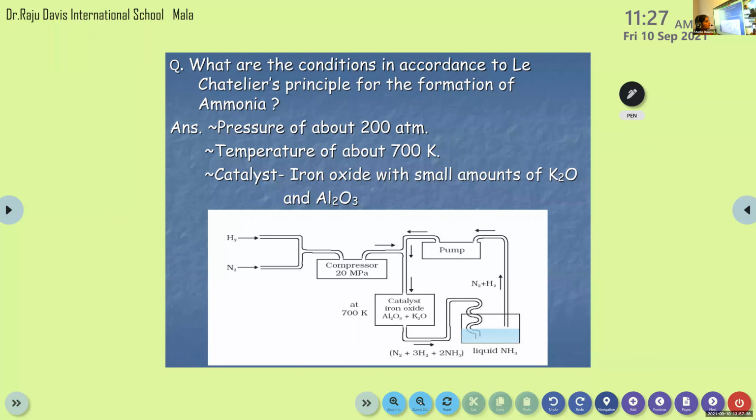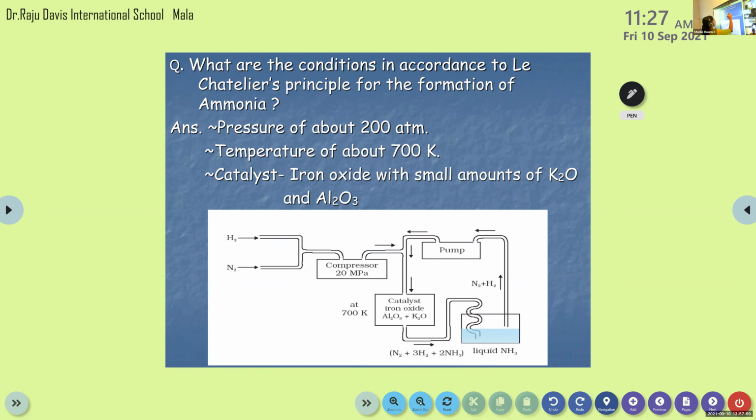Because in a reversible reaction, chances for the forward reaction and backward reaction remain the same. So in order to obtain more product, we will always favor the forward reaction. And there are certain factors that will help in increasing the rate of formation of product. So here, these three are the important conditions for this Haber's process to occur.